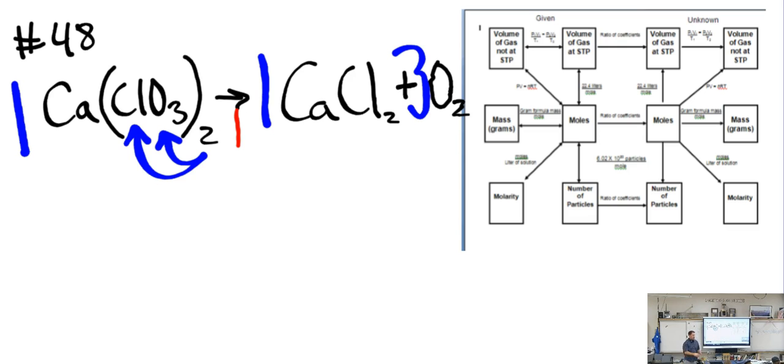Now, the reason I chose number 48, and I'll let you do the rest yourself in a second, is it's moles to liters, but it's backwards of the ones we just did. So if you look at 48, if it is heated, how many liters of oxygen? Well, I guess it is the same as we just did, so never mind.